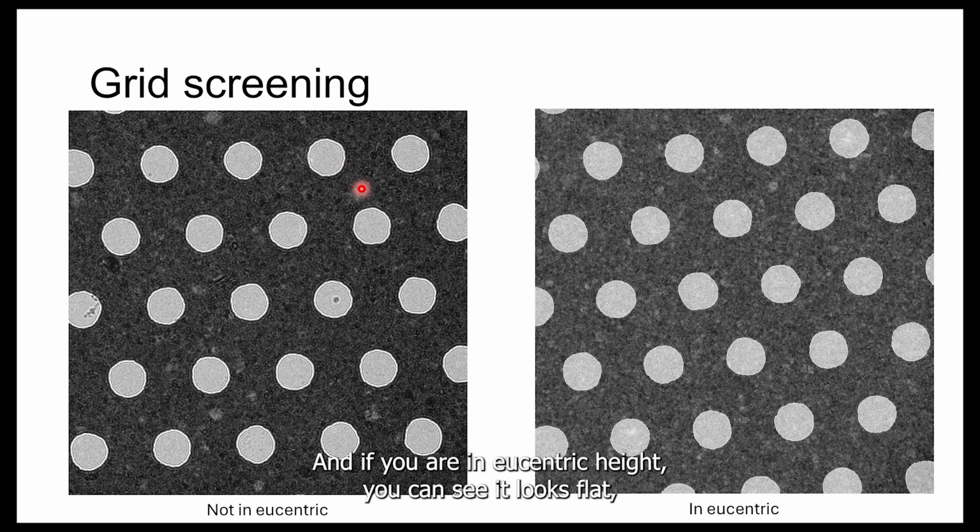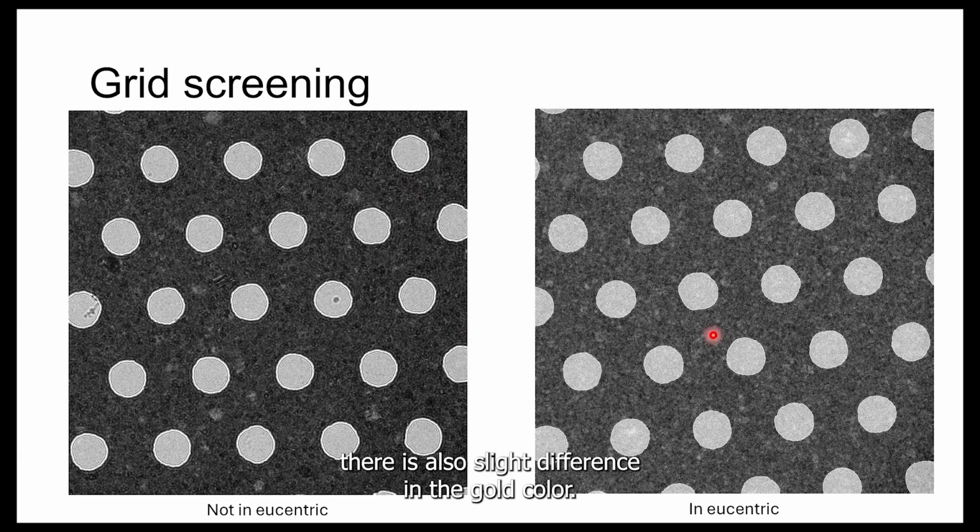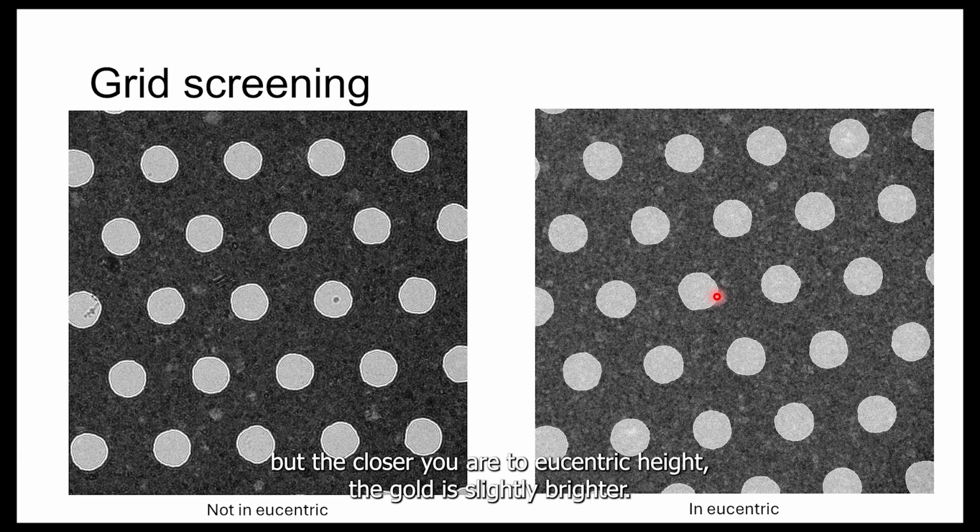And if you are in eucentric height, you can see it looks flat. This means you are closer to eucentric height, it's better. And you can see there is also a slight difference in the gold color. I'm not sure why, but the closer you are to eucentric height, the gold is slightly brighter.